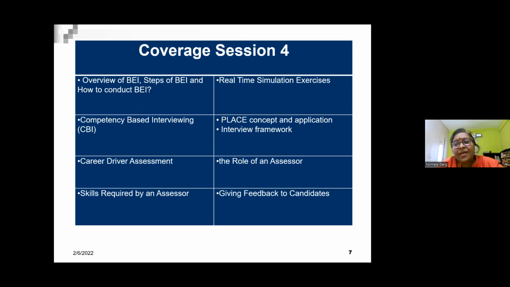So we look at the entire science of what BEI is, what competency based interviewing is, how we go about that, and then what are some of the things you need to do, preparations, prerequisites, and what is the role of an assessor, how do you give feedback, and if you are doing it for an interview, do you really give feedback?